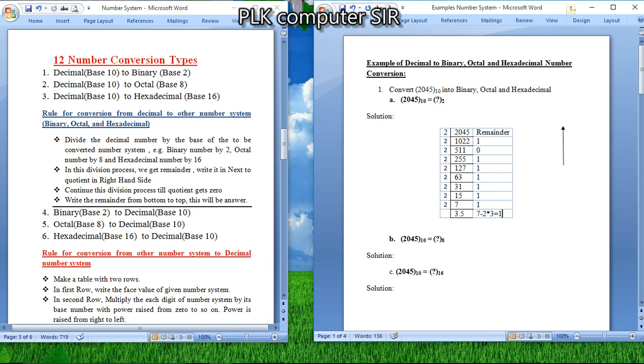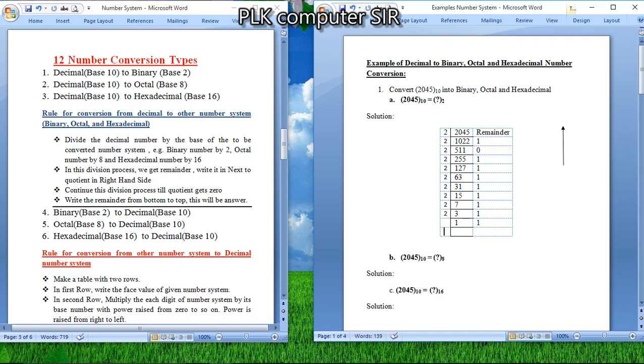So it will come 1. We don't need this decimal place. Now if you divide, it will be 1.5. So what will it be? 3 minus 2 into 1, only whole number, so 1 will come here, my dear students, and we don't need this decimal value also.